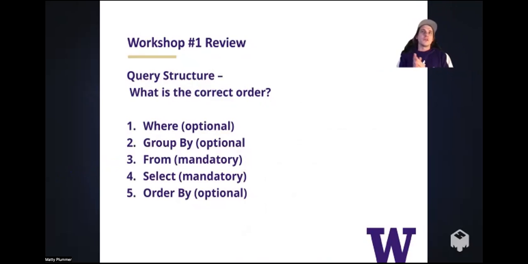Okay, and then here's the query structure. So this is clearly out of order. What is the correct order here? Who can talk me through the correct order as we learned last time in the workshop? I think the first one would be select. Yep, select. Then where you're pulling from, I think from would be the second one.